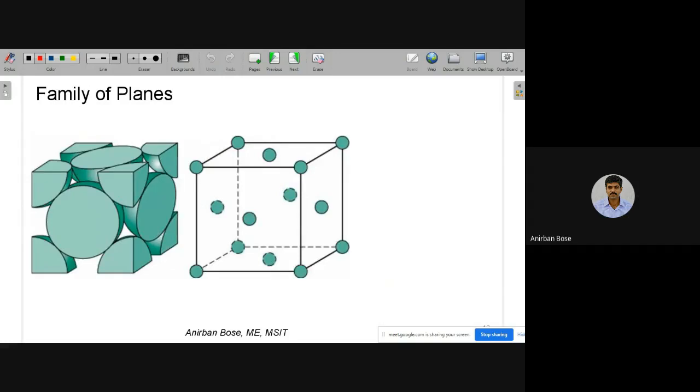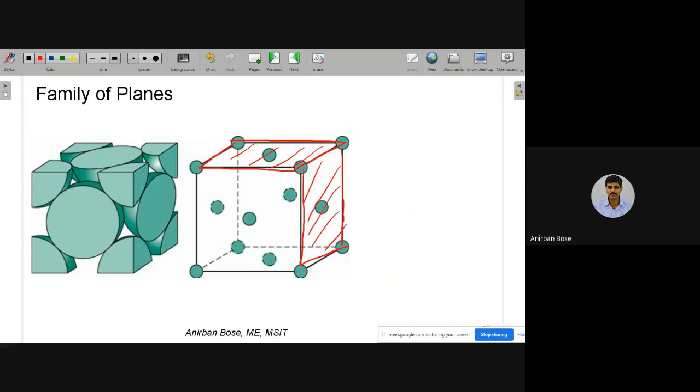Exactly in a similar way, what is a family of planes? That means they are physically similar. If the planes are physically similar, then we call that a family of planes. As you can see, if you consider this particular plane, this particular plane, this particular plane, they are physically similar, right?